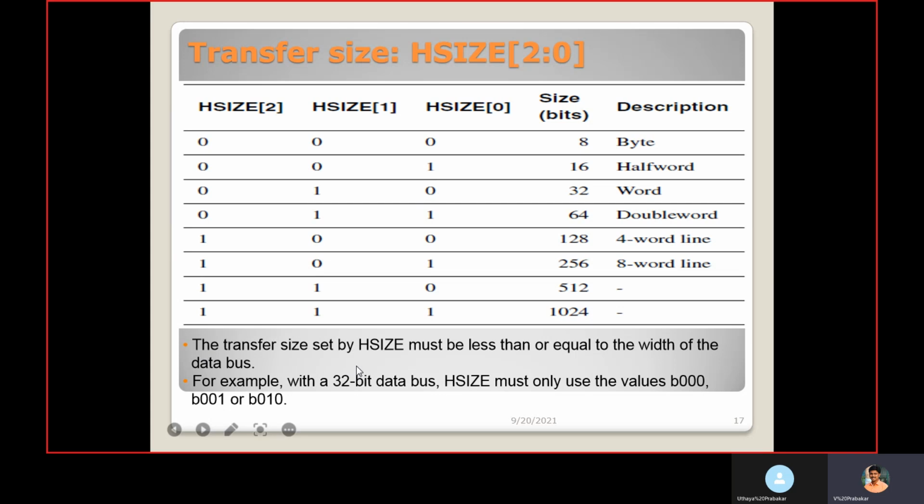And one more thing, if the size of the write data and read data is 64, the fetch size should be equal to or less than 64. The transfer size set by fetch size must be less than or equal to the width of the data bus. For example, if you take a 32-bit data bus, fetch size must be 0, 1, or 2, that means 8, 16, or 32.